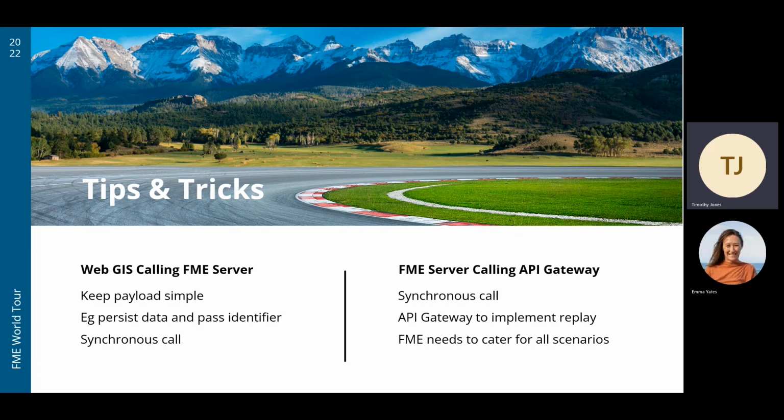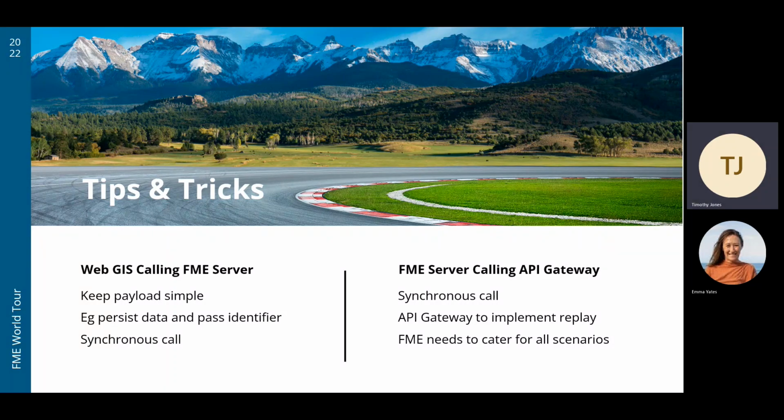For the WebGIS calling FME Server, we found it advantageous to keep the payload very simple, usually just a single parameter or a small number of parameters, and persist that data in the WebGIS and say, here we are, FME Server, use this parameter to re-query that data. And also to call FME Server, make it a synchronous call.